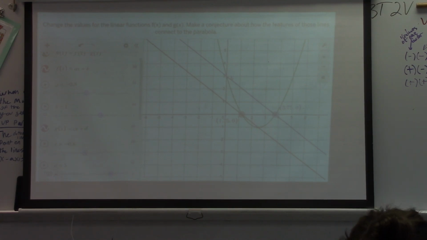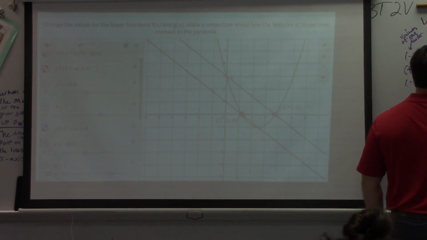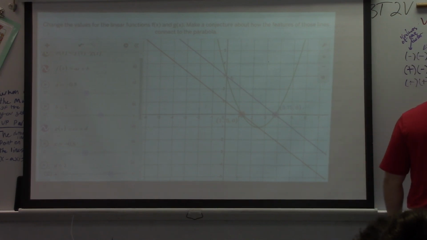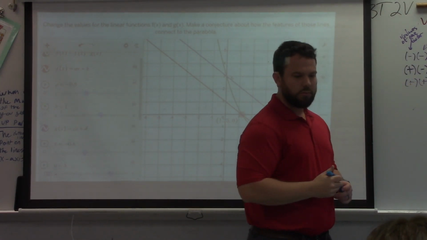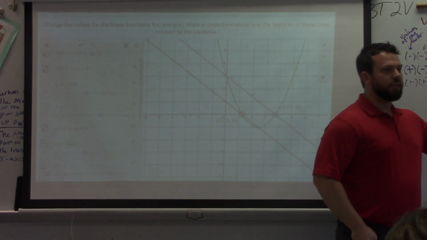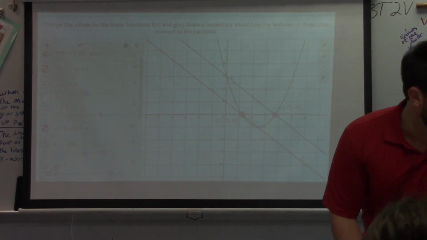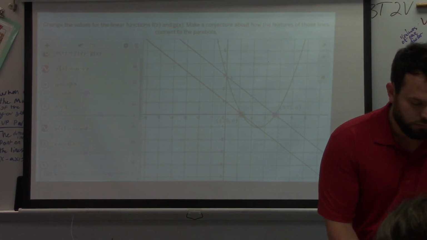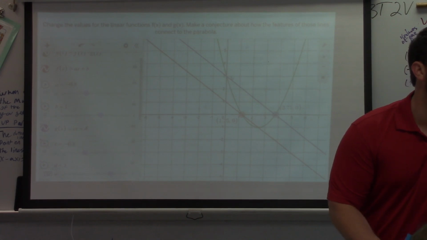So for example, if I were to give you this function, would this parabola be concave up or concave down? Guys, would this parabola be concave up or concave down? Why is it down? Hey, focus please.